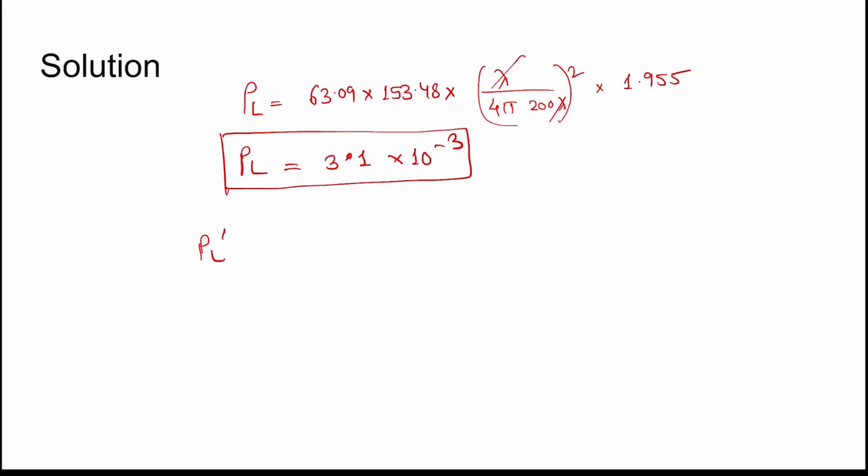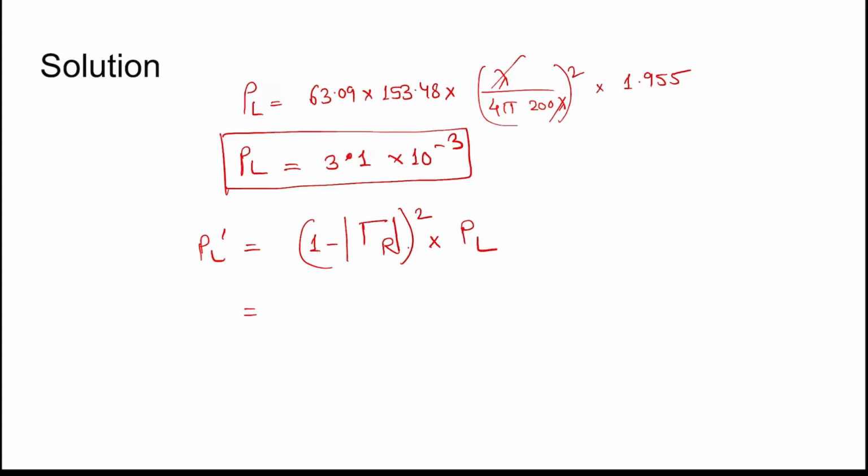Now this is the power sent to the load, but there will also be some reflection at the receiving end. So PL prime equals 1 minus the reflection coefficient of the receiving side whole square, multiplied by the power sent to the load.